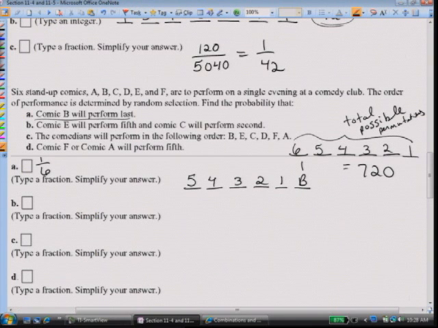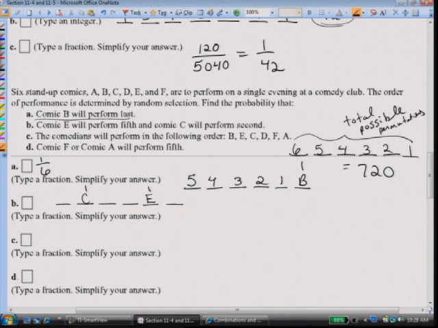Okay, now what we want to know is the probability that comet E will perform 5th and comet C will perform 2nd. Here's our comedian lineup. Comet C is 2nd, so there's only one way for that to occur. Comet E is 5th, and there's only one way for that to occur.